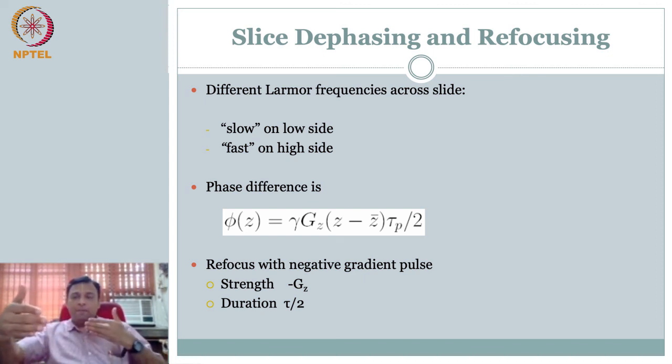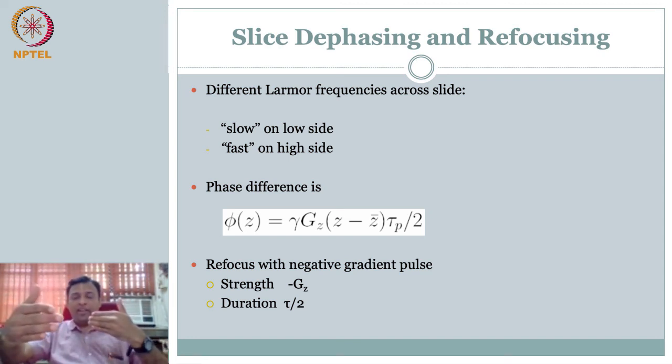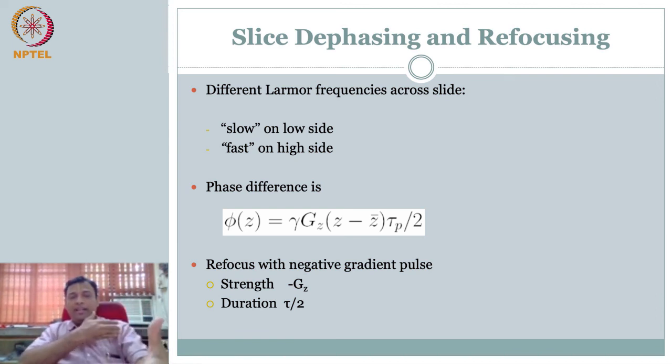So you can notice that the moment I switch the gradient, the one extreme and the other extreme are all trying to cross paths and go in the other direction. The slow side should come to the other side, the fast side should go to the other direction. So when they cross, after you apply negative polarity, immediately thereafter this signal will start to increase because it is getting in phase. Sometime it is going to give a maximum and then it is going to die down.